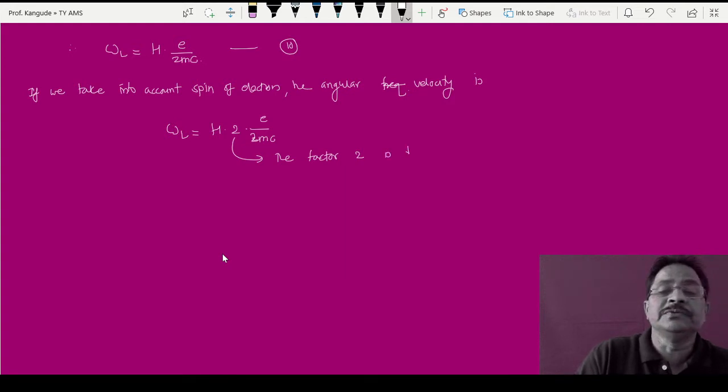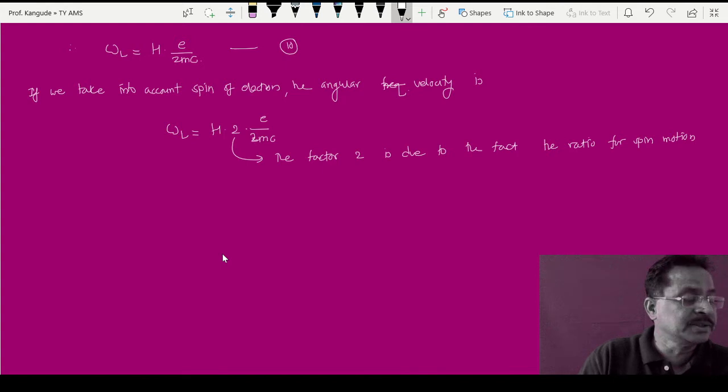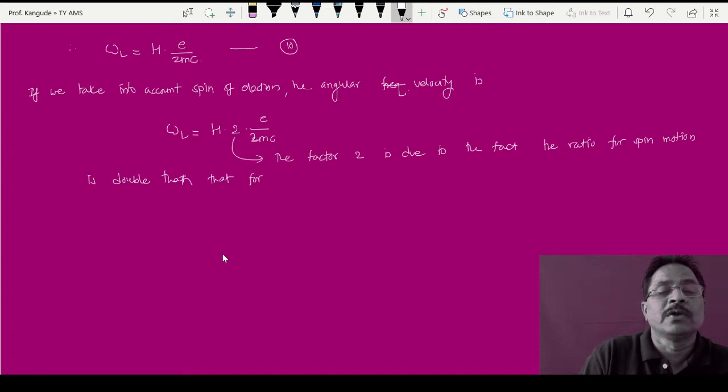So I can say the factor 2 is due to the fact that the ratio for spin motion of an electron is double than that for orbital motion.